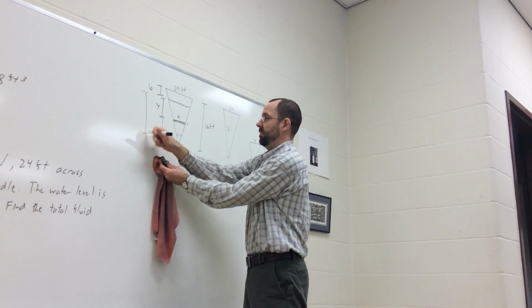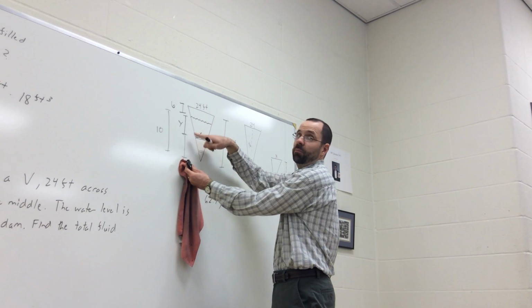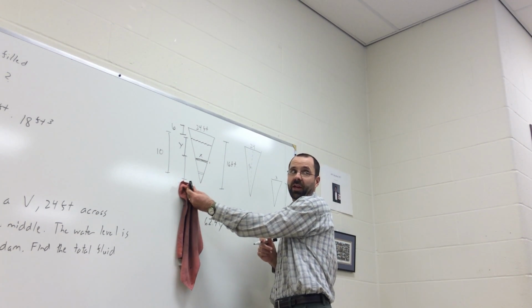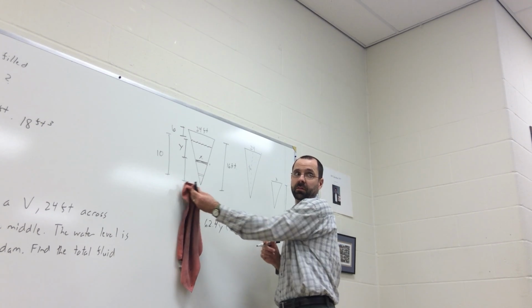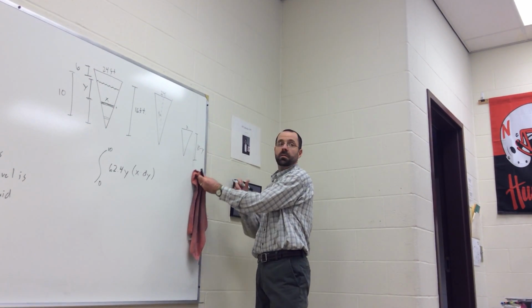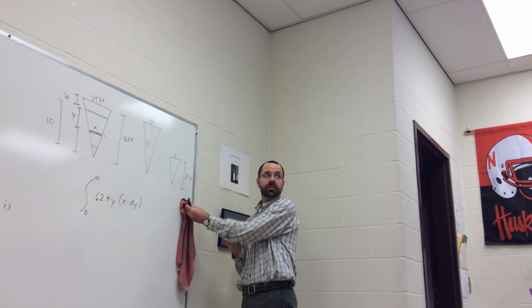This is 10. So this is 10 minus y. Is everybody okay with that? I'm labeling the height of this triangle as 10 minus y.